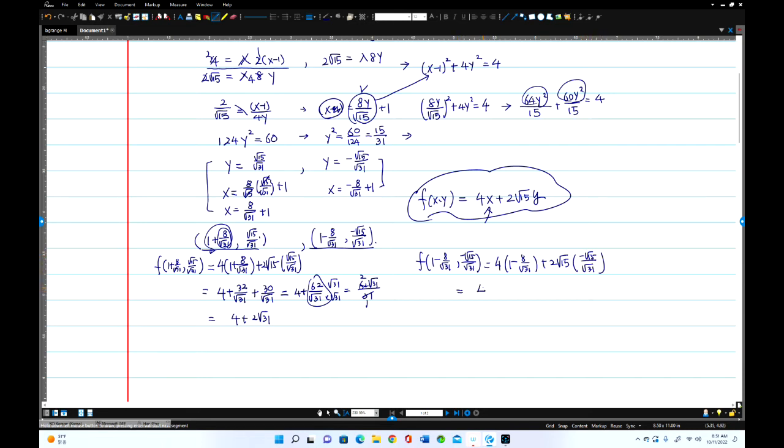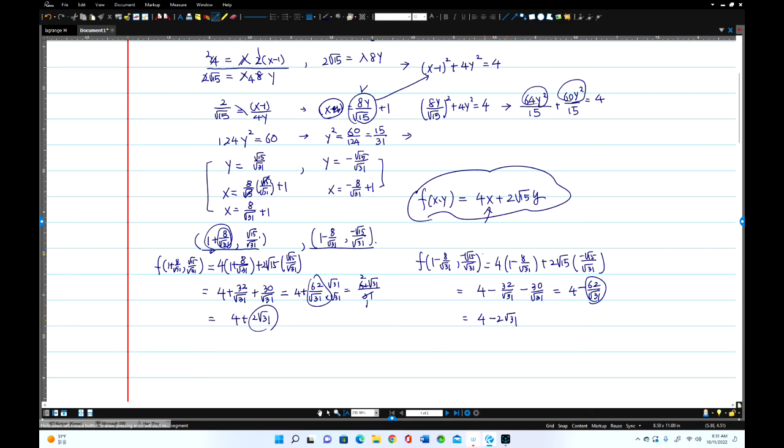So this is 4 minus 32 over square root 31, plus, minus, the product is minus 2 root 15, 15 is 1, negative 30 over square root 31. From here we can see 4 minus 62 over 31. When you calculate this one, same as this one, 2 root 31. So 4 minus 2 root 31.